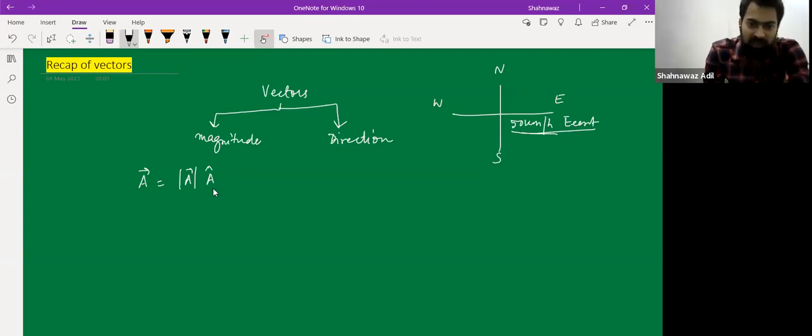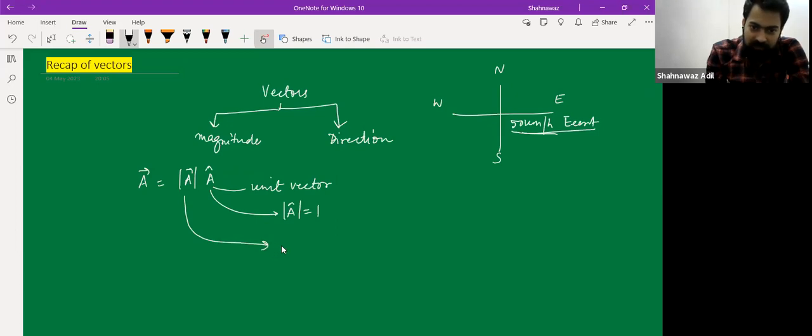This is the unit vector. Unit vector means that its magnitude would be 1, and this is the magnitude.